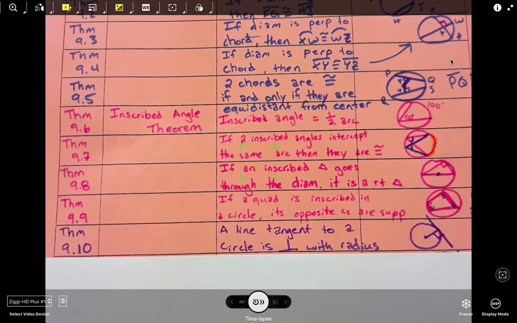Mine looks a little bit different than the one on your homework sheet, but if you want to draw that one, you're more than welcome to. This one's off at a slant over here, and my radius is connecting that, and it makes a 90-degree angle. So a line tangent to a circle is perpendicular with the radius. That's theorem 9.10.